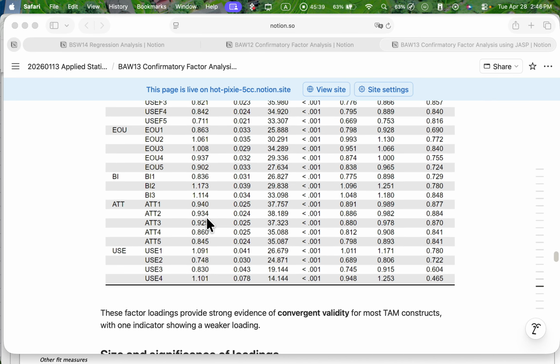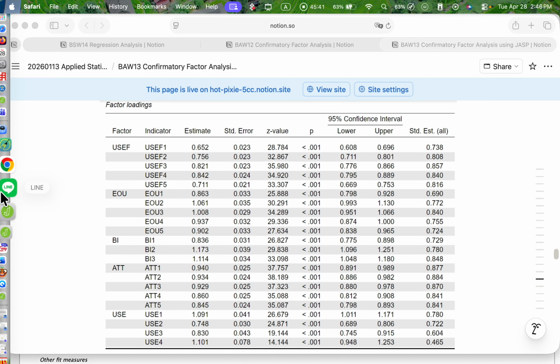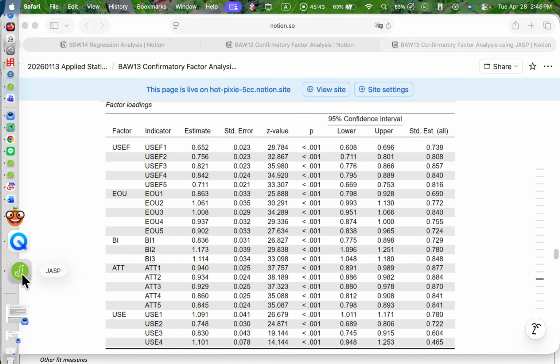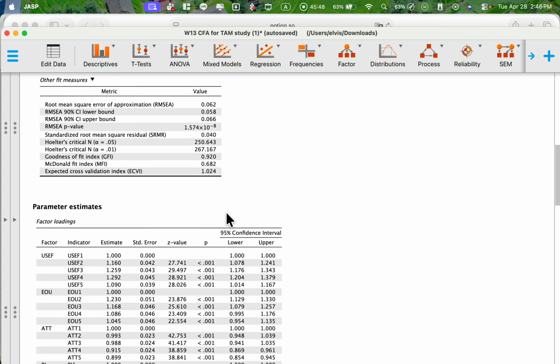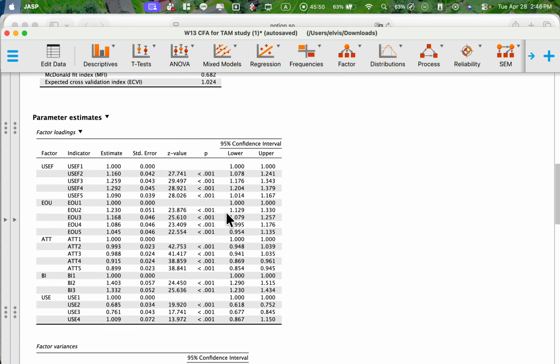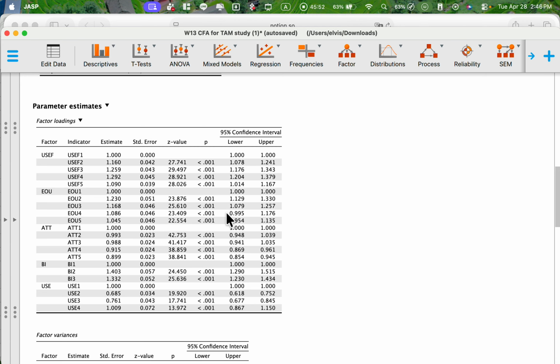Okay, now let's move to the next thing. We have already reported the overall model fit indexes. Next, we're looking for the factor loading.